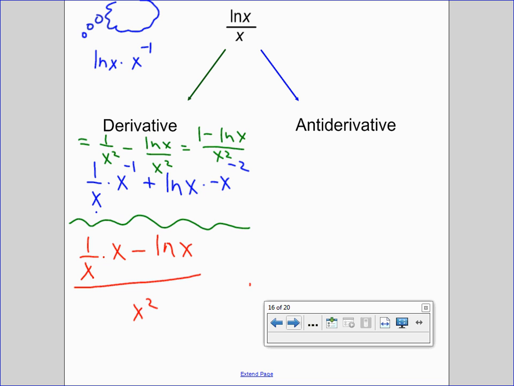Does that equal 1 over x times x minus ln of x over x squared? Yes, because this is just 1 minus ln x all over x squared. Math works. Going up. Ding! Antiderivative. Get ready. Going to call on you.